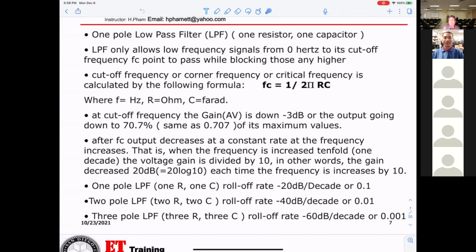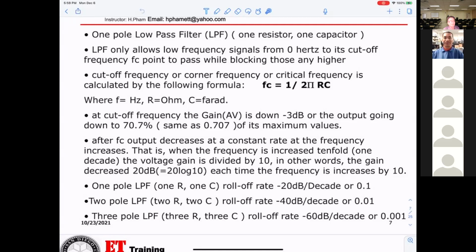You understand, they're already telling you. Resistor and capacitor are passive components that try to change the frequency. So a low pass filter has only one resistor and one capacitor.